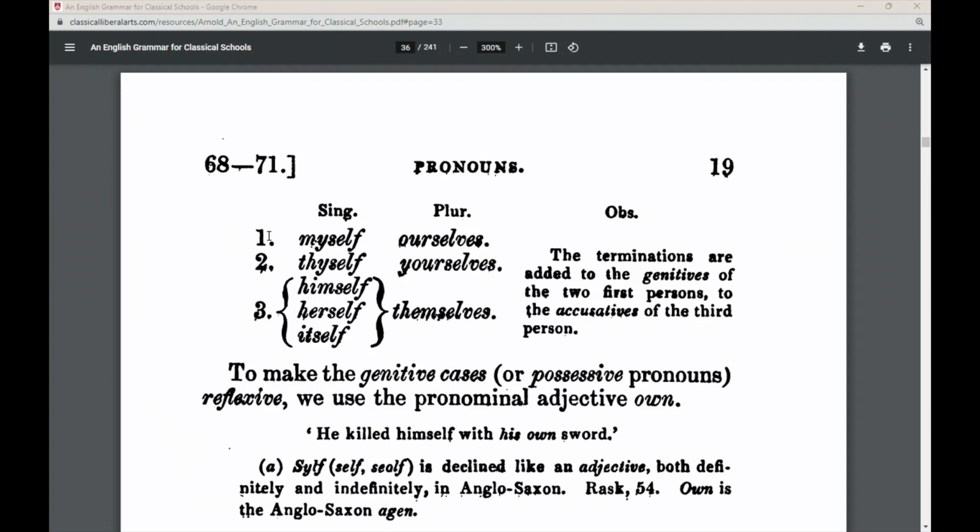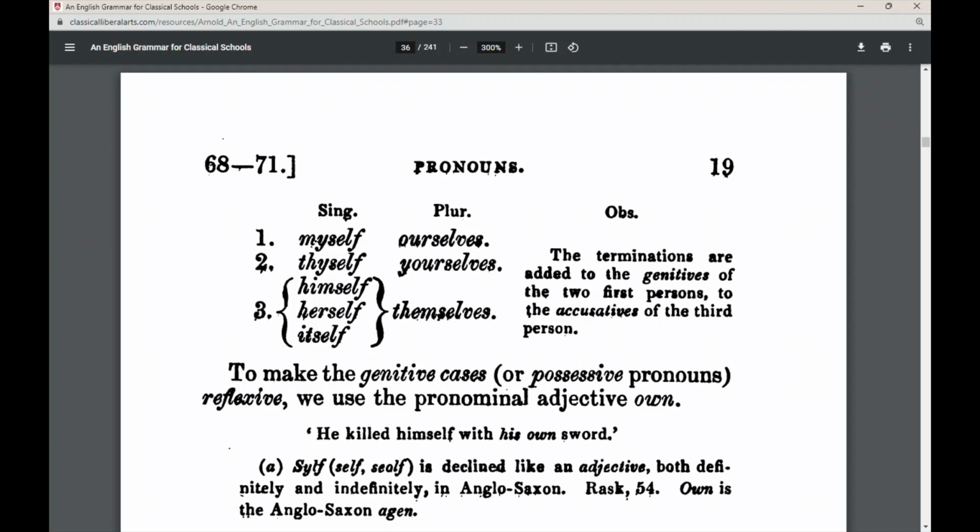We can see the first person singular, myself, just like the example I gave you: I teach myself. The plural is ourselves. We teach ourselves. These are the first person singular and plural forms of the reflexive pronoun.